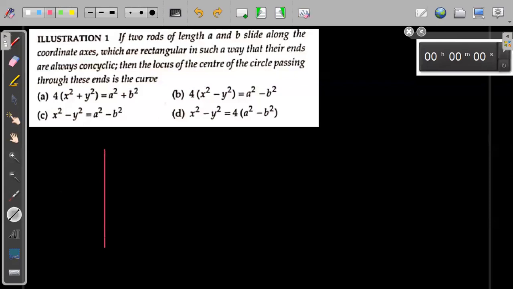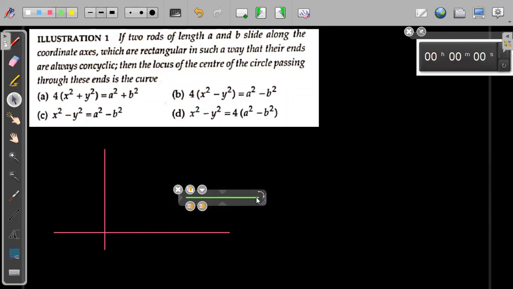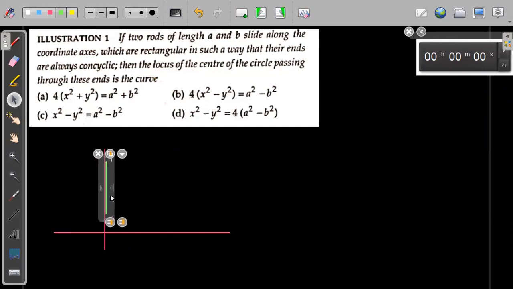That means suppose one rod is this, sliding along the x-axis, whose length is A, right? Another rod is like this, sliding along the y-axis, whose length is B. Did everyone understand?